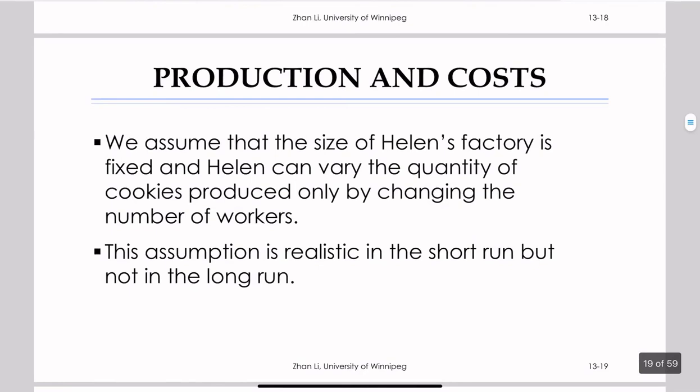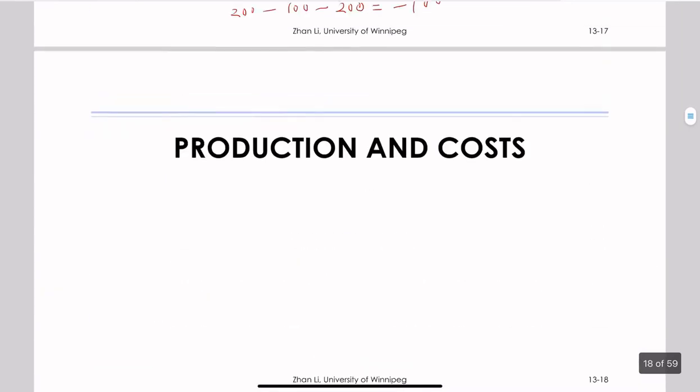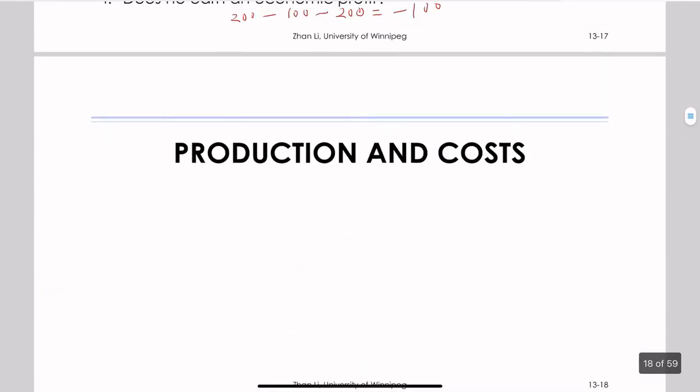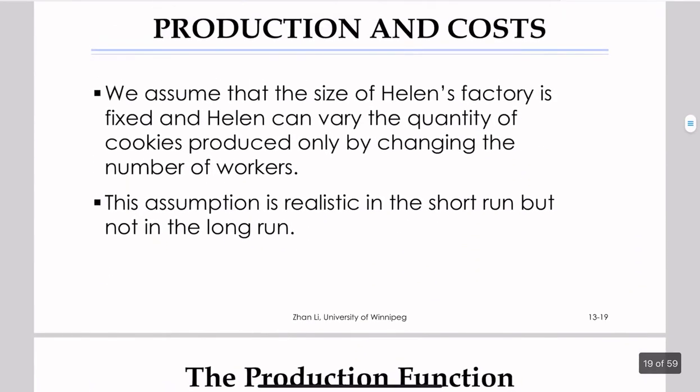Okay, so let's talk about production. Right? So first, we want to think about production and the production costs in the short term. So here we want to assume that the size of Helen's factory is fixed. So to increase the quantity of cookies, Helen can basically increase the number of workers.